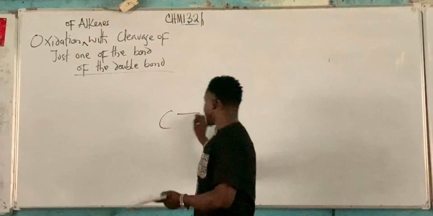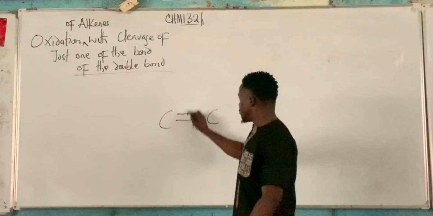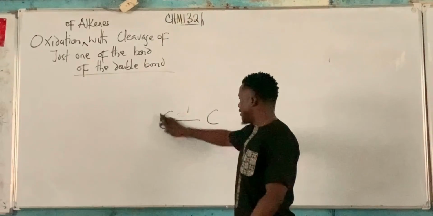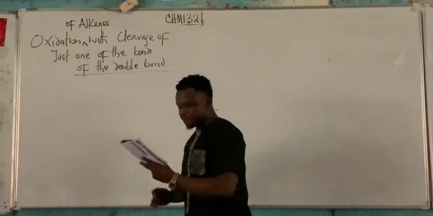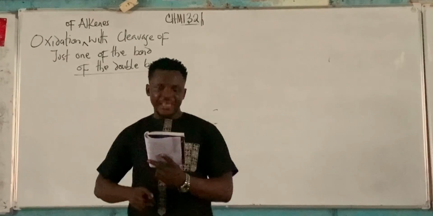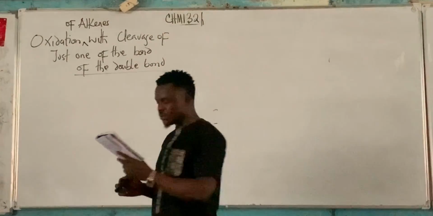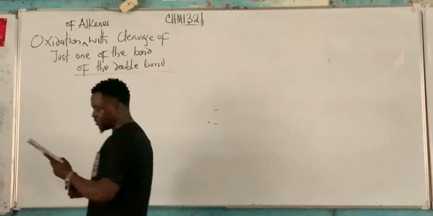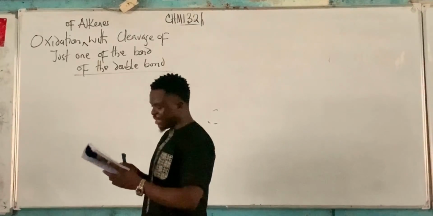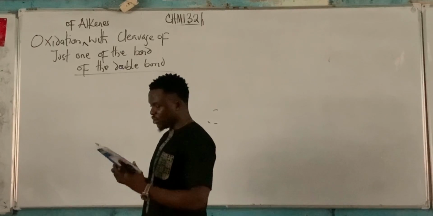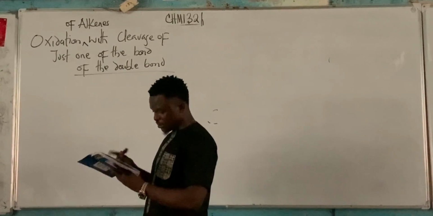Like you have this guy, the first oxidation will just break one of the bonds and leave behind the other. Please look down. The reagents used in executing this type of reaction are as follows.